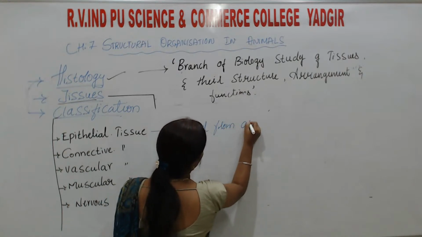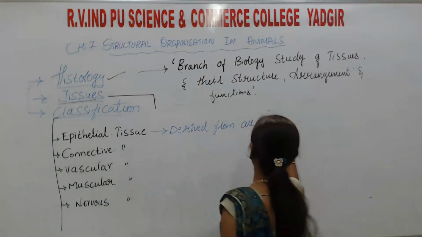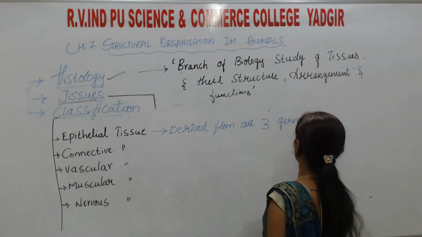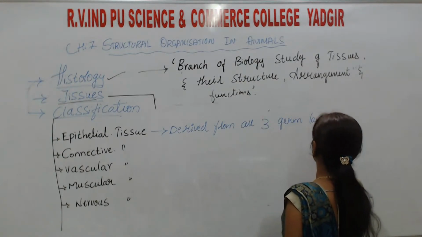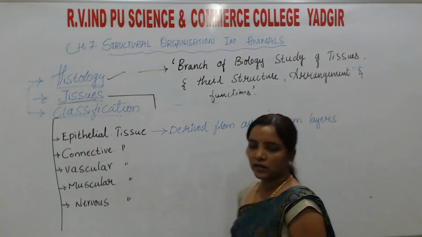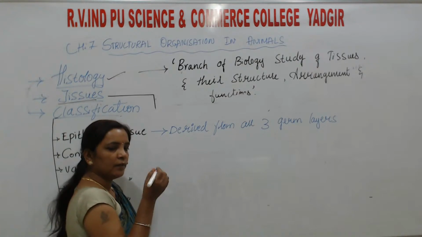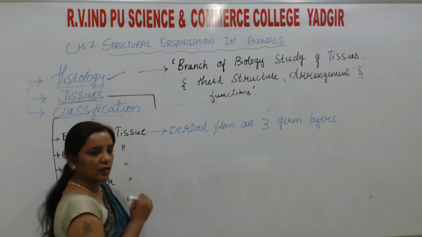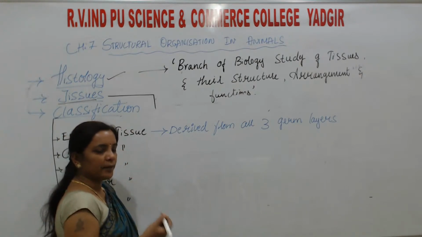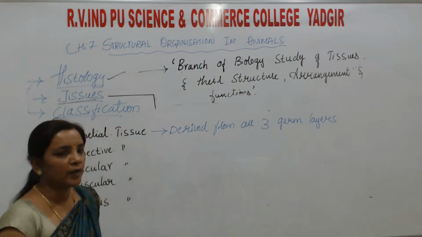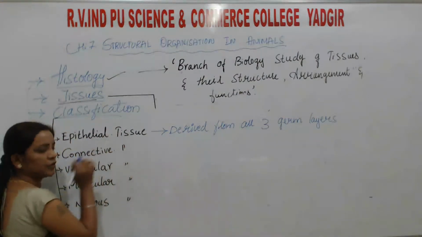Epithelial tissue is formed from the ectoderm, mesoderm and endoderm. All three germ layers are capable of giving rise to epithelial tissues.